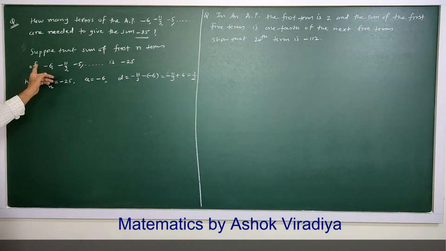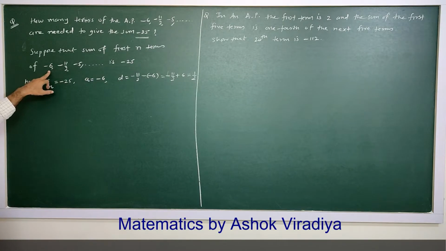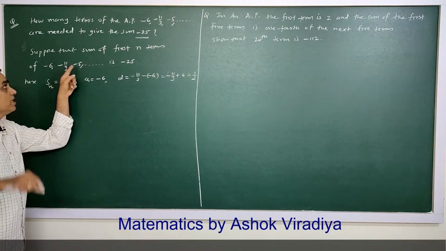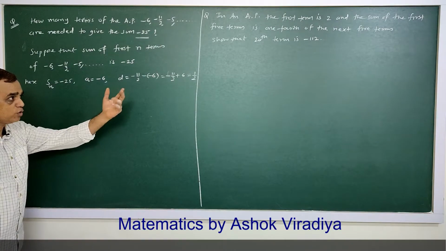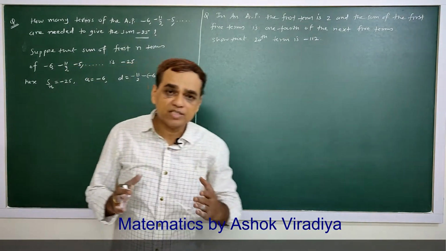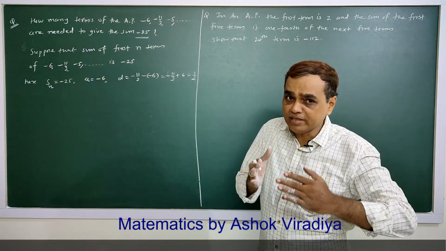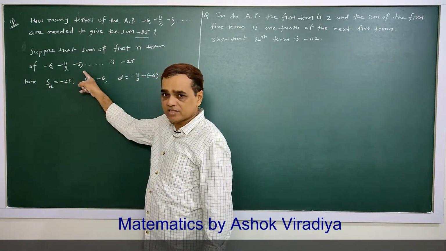You can verify that it is an arithmetic progression. See, -6 plus 1 by 2 is -11 by 2. -11 by 2 plus 1 by 2 is -5. So each term is increased by 1 by 2. To determine whether the given progression is an AP or not, at least you should check the first three numbers.